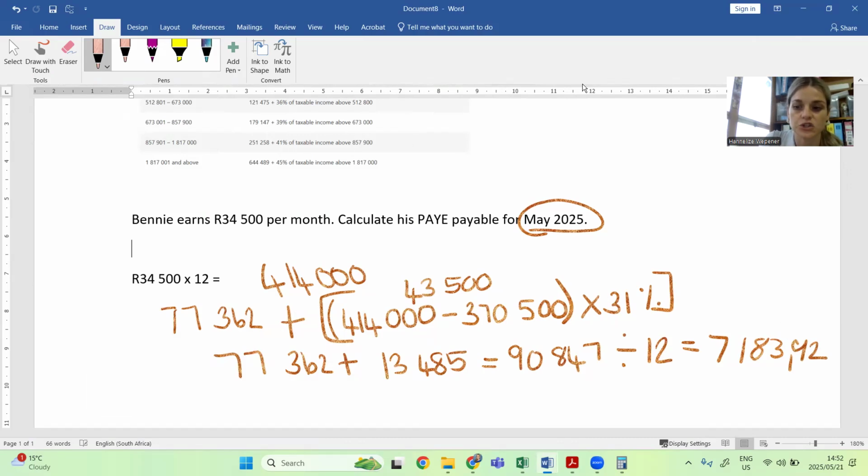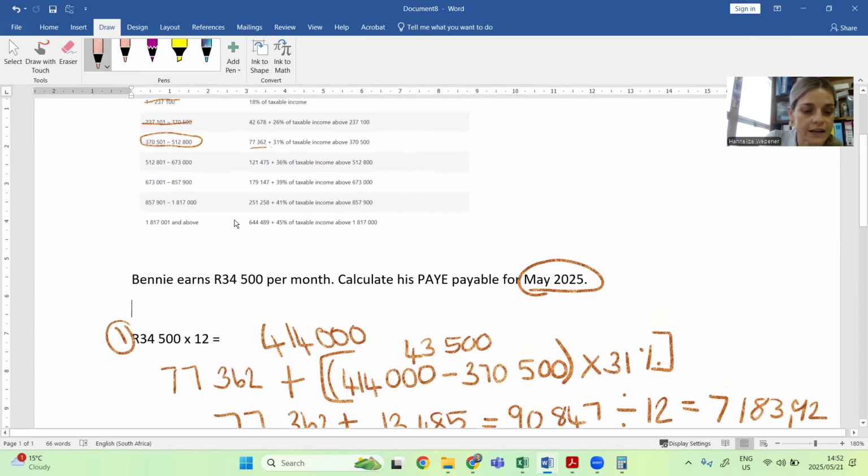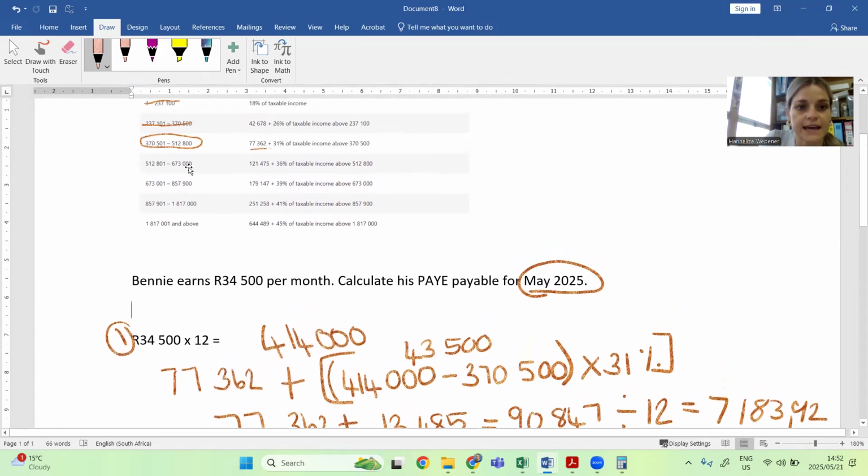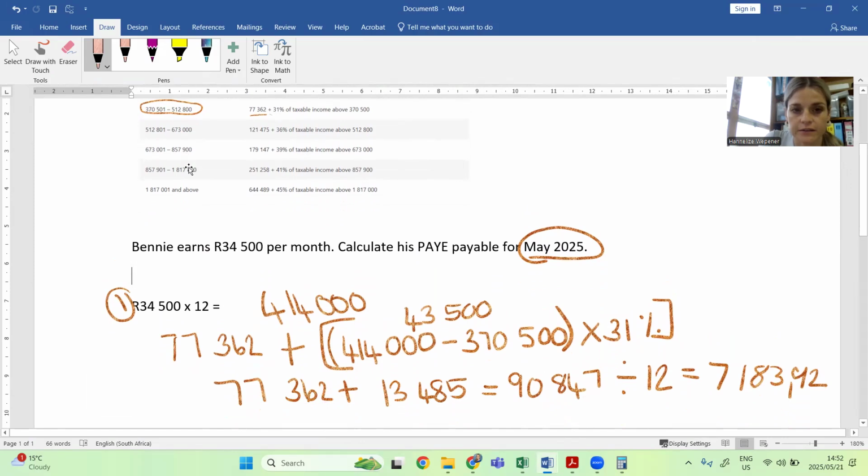So step number 1, ensure that you have the annual earnings by taking your monthly earnings and multiplying that by 12. Then go look for your annual earnings within the tax bracket, and identify your tax bracket. There's a flat rate, a fixed amount payable in that tax bracket.